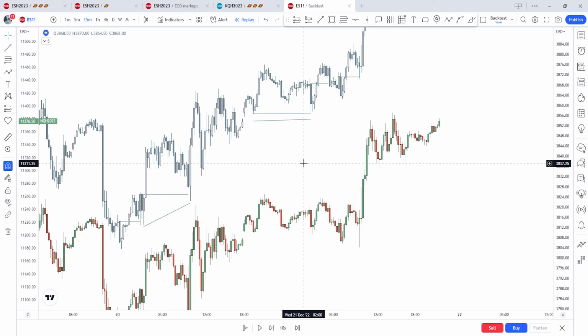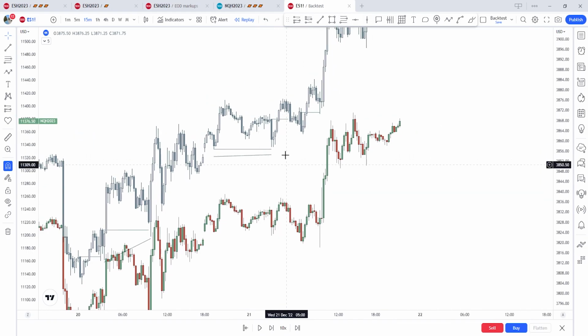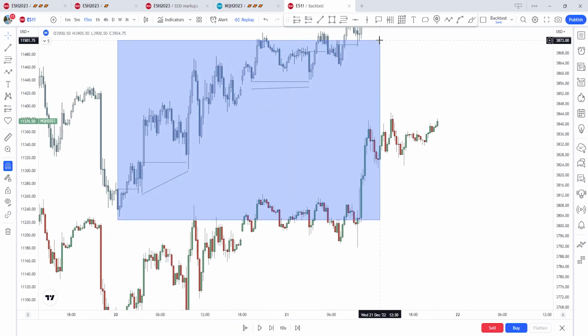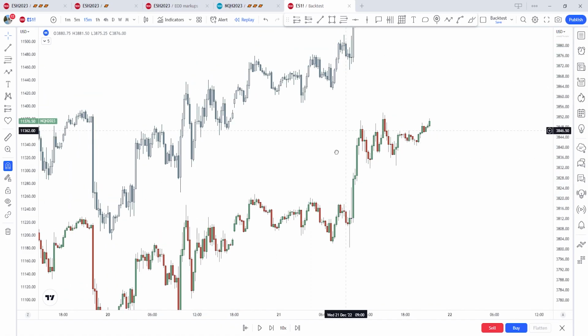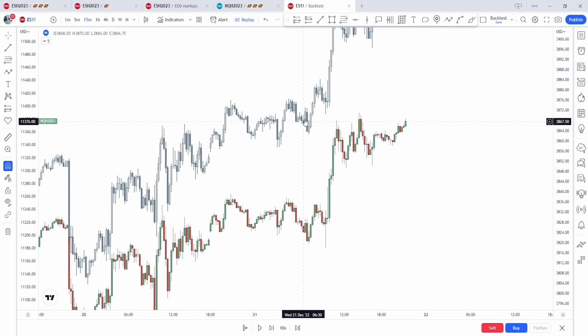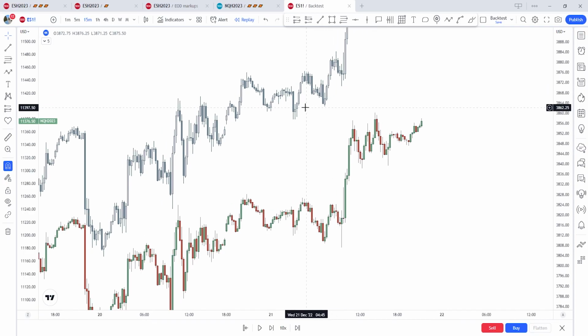If you're not going to use it in context, you're going to get confused, because, for example, if we remove the drawings right here, you can also see we have SMT on the highs here, but our drawn liquidity was suggesting that we're bullish. So if we just look at SMT without any narrative, without any context, we would be confused and we will get lost and most likely take unnecessary losses.